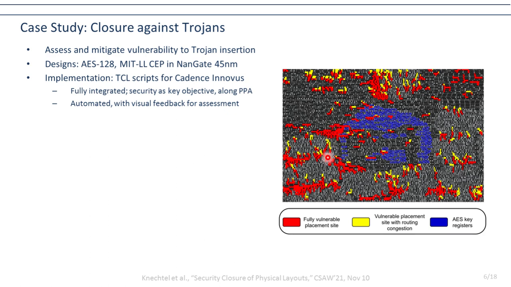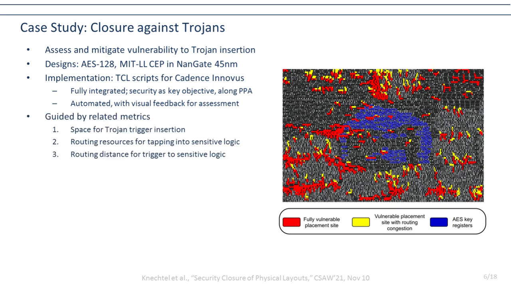And we do see highlighted in red as well as in yellow vulnerable placement sites, which are either fully or at least partially vulnerable, as in routing resources to connect cells may or may not be available. So this kind of visualization is important, but also the underlying assessment in terms of metrics is quite important as well, to accordingly guide also the chip design tools or the CAD tools.